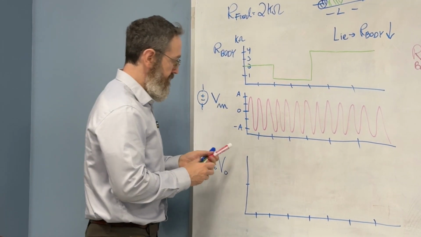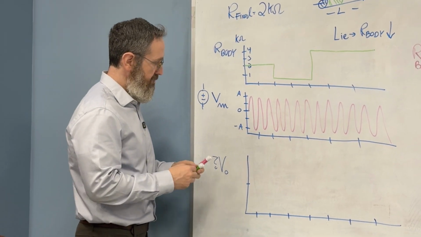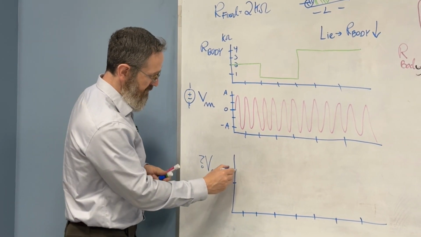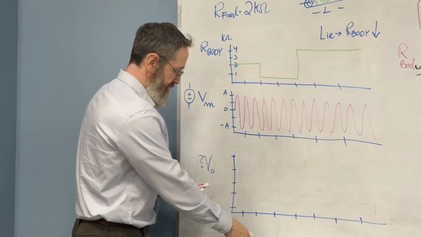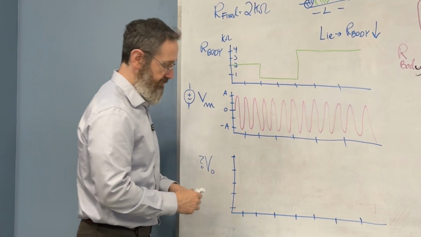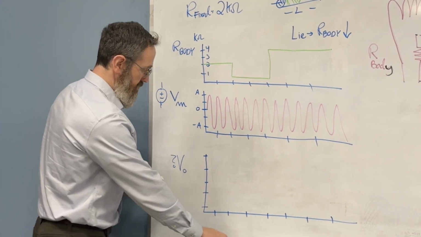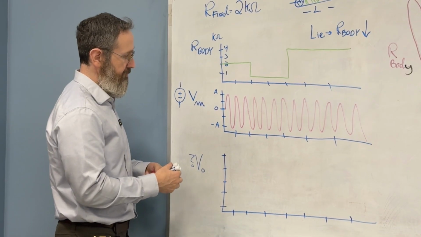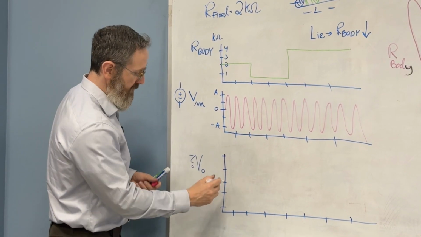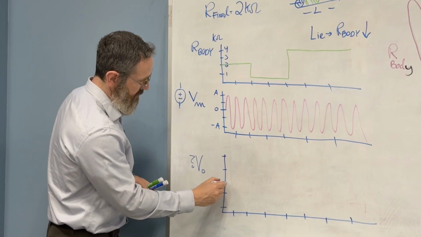So the output, if I were to use the same scale here, 1, 2, 1, 2, I'll do the output in this color.